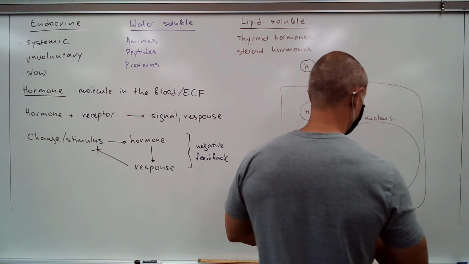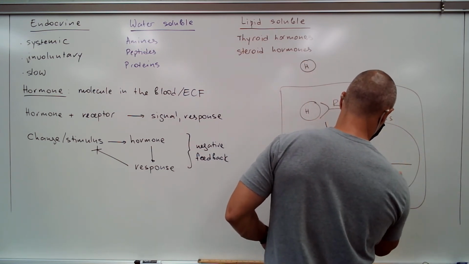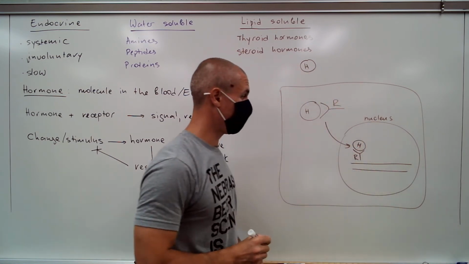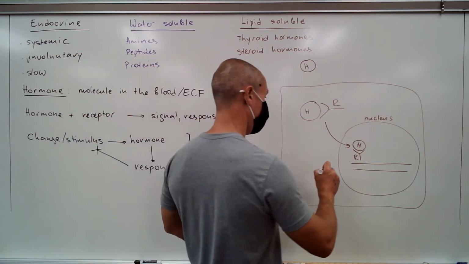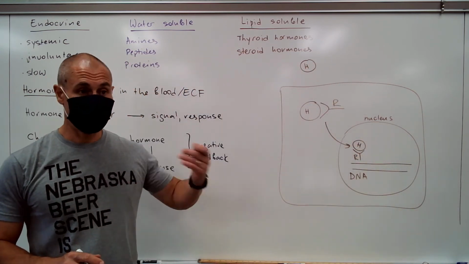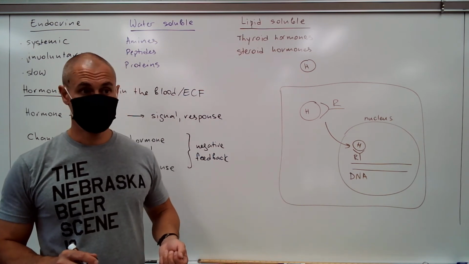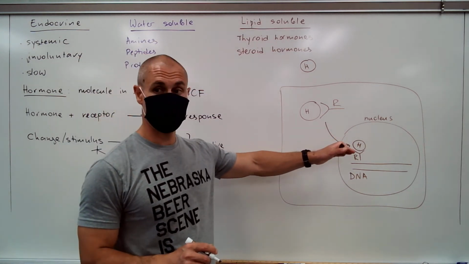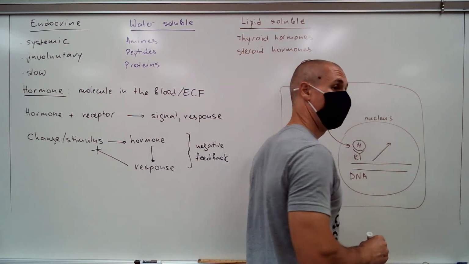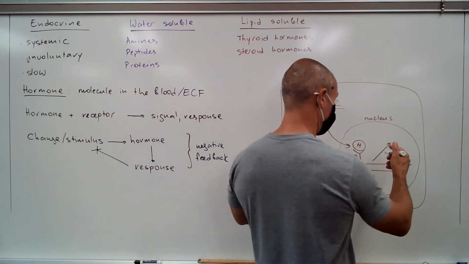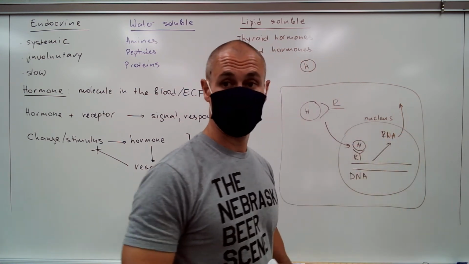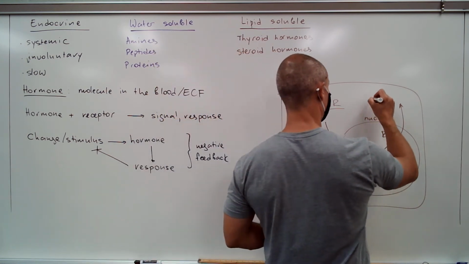And in the nucleus, the complex between the hormone and receptor binds to the DNA. And once it binds, it sends the signal to transcriptional enzymes to transcribe a particular part of DNA into RNA, and then RNA will be translated into proteins.